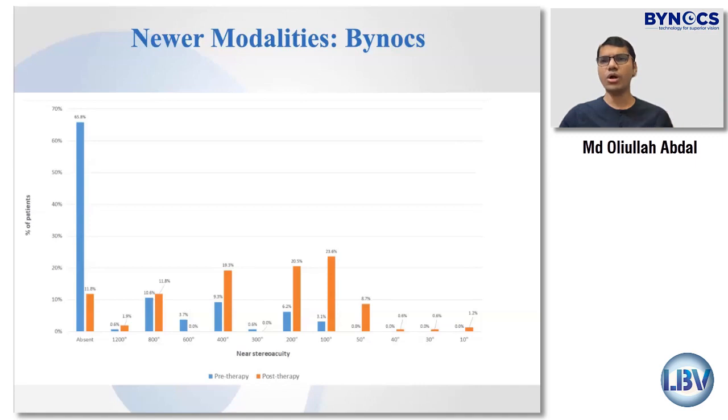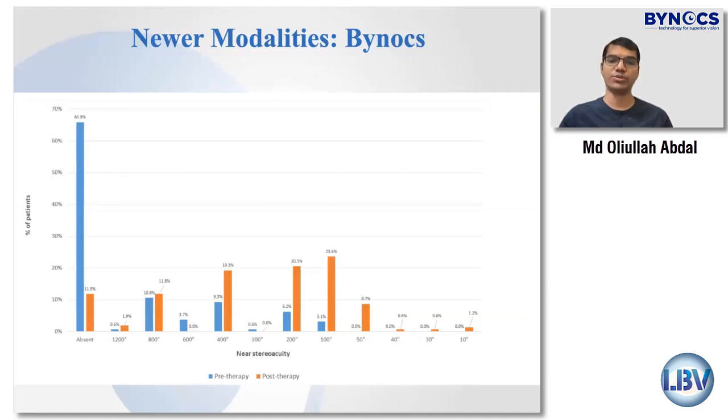However, all these patients were given extended sessions. We extend the session for another 4 to 6 weeks for completion, and we see that more than 95% of patients do develop stereopsis. That is the biggest advantage of going for a binocular approach, not a partial one, a complete binocular approach.